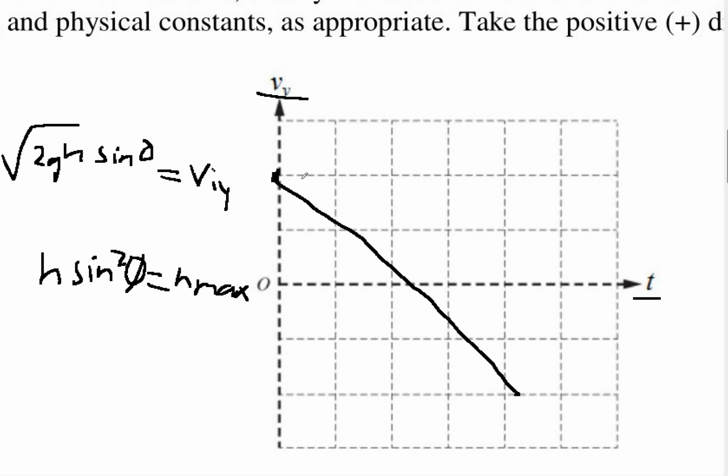But it will have the same magnitude as Viy. So because the magnitude would be the same, we can also use this square root of 2gh sine theta for the final Vfy.